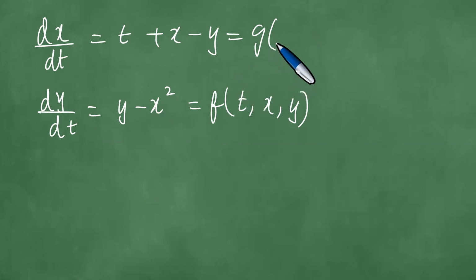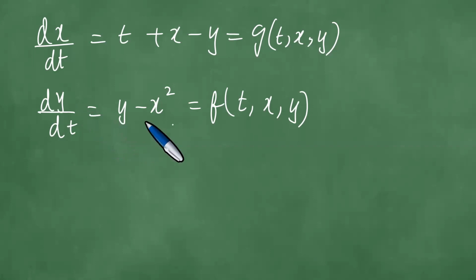Now we come to this one for the G. There's a T, there's an X, and there is a Y. The T and the X you can interchange, but normally X stays closer to Y, so normally we say it's an XY point.